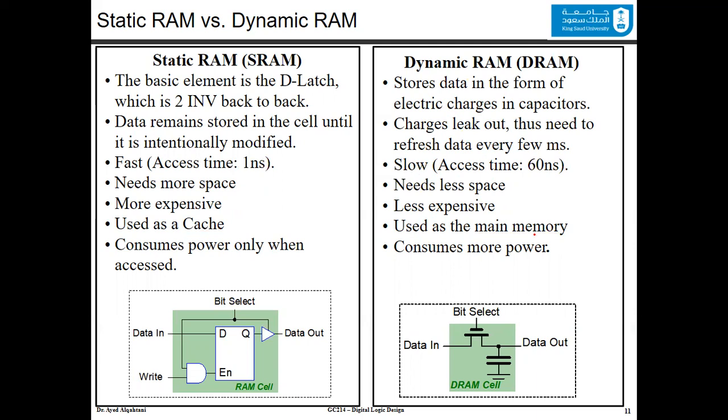It's good to mention, if you have a CPU, the closest storage element to the CPU are the registers. After that, we have a bigger storage, which is level 1 cache, and then level 2 cache, and then level 3 cache.